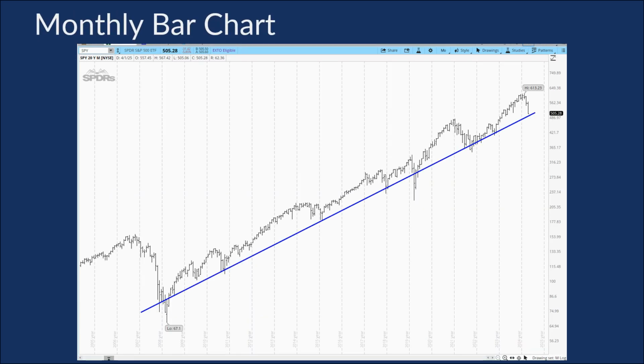And here is kind of just a bonus chart to introduce the idea of using a multi-lens approach. We're not just looking at the Kata challenge patterns, but looking at other ways of viewing the markets and the charts, which I think could be really useful. So here, to go back to our monthly bar chart, this is actually on a logarithmic scale, and I think that's very good for drawing trend lines.